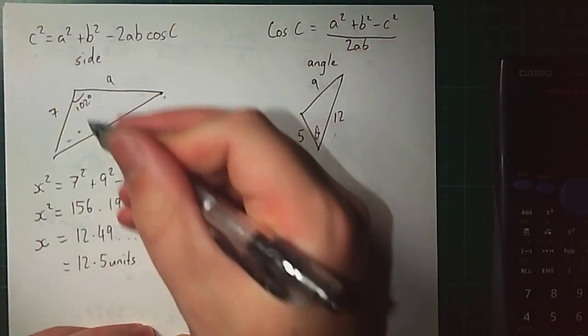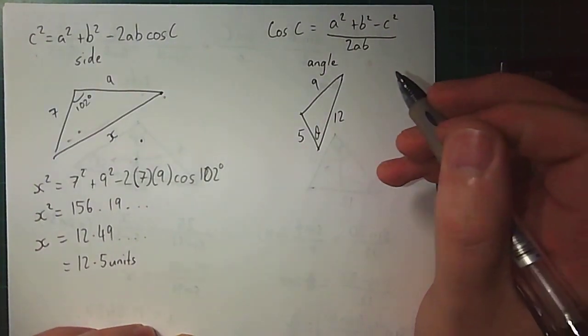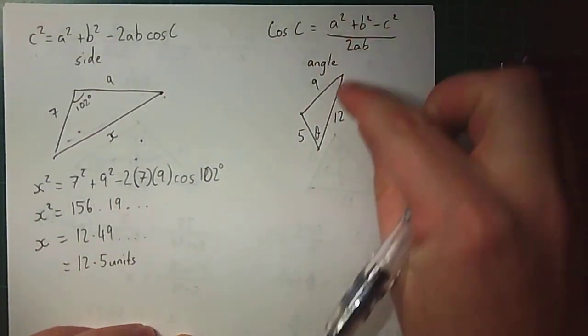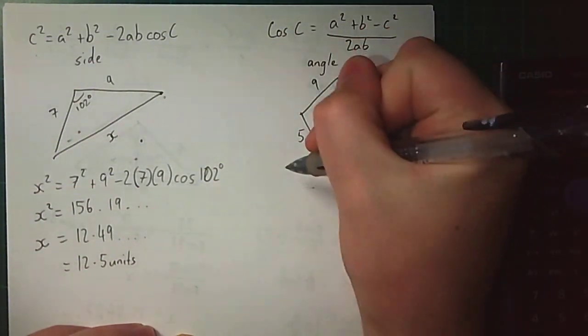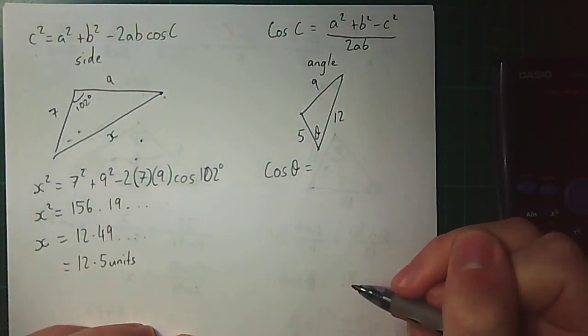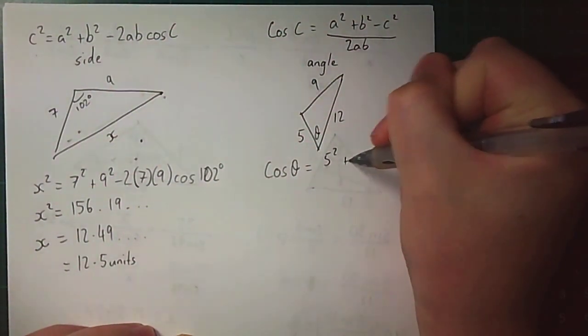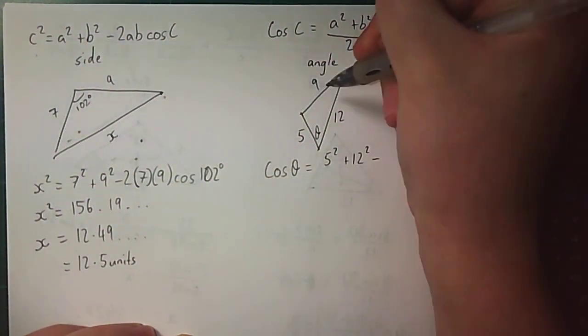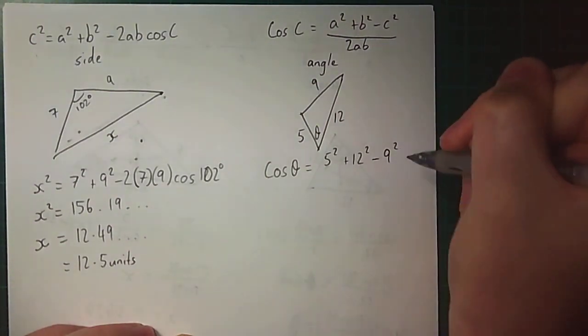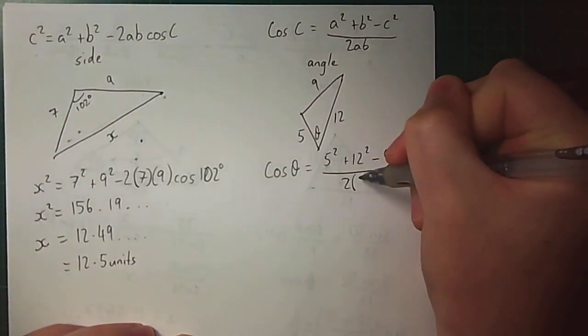So we're going to deal with that, but this time, because we're finding an angle, we're going to use this. So it's going to be cos of that angle is equal to one of these. We're going to do 5 squared plus 12 squared minus that opposite number there, which is 9 squared. That's all over 2 lots of the trinity numbers.